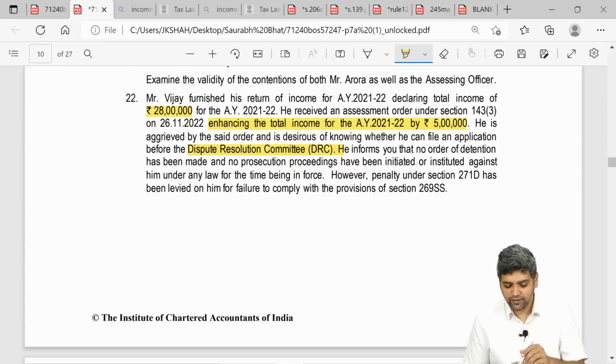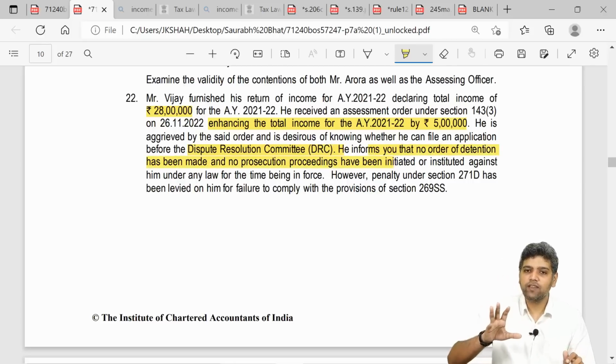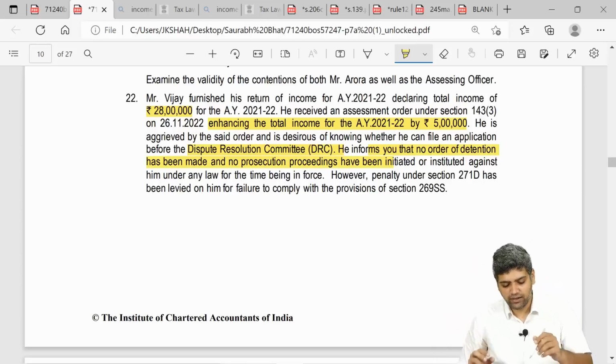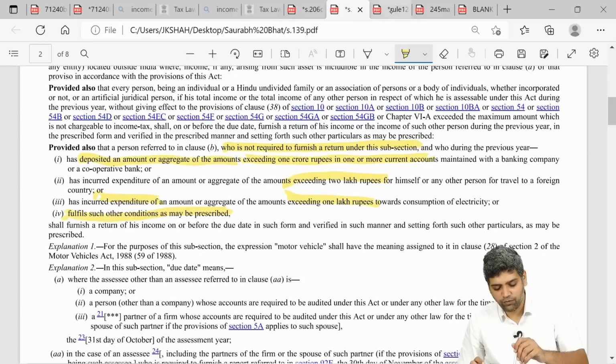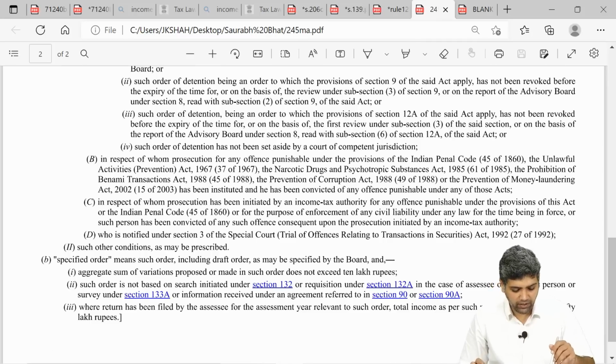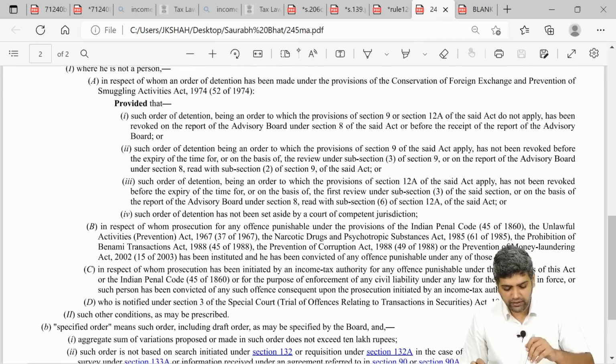They have also told us that there is no order of detention made and no prosecution proceedings initiated under any law. So he is not caught under the Prevention of Smuggling Act or any other law which is prohibited under 245MA. In fact, I would like to show you that list.